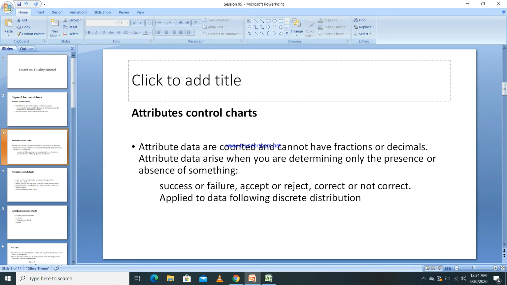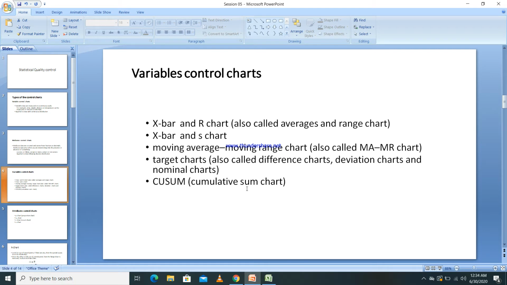When you are determining only the presence or absence of something, you can use the attribute control chart. So when you have data which follow discrete distributions, we apply attribute control charts to construct statistical control charts.